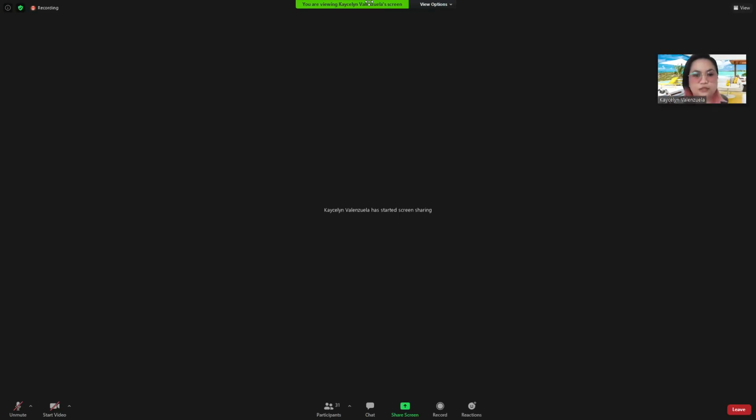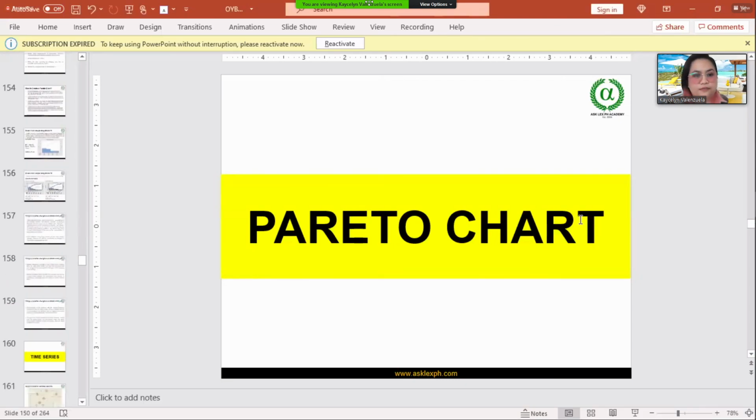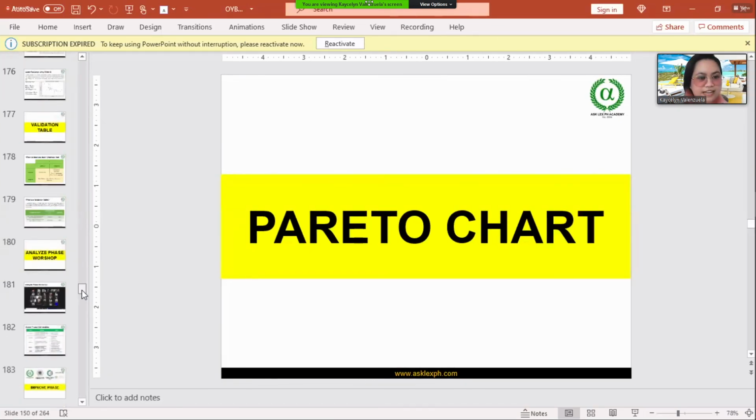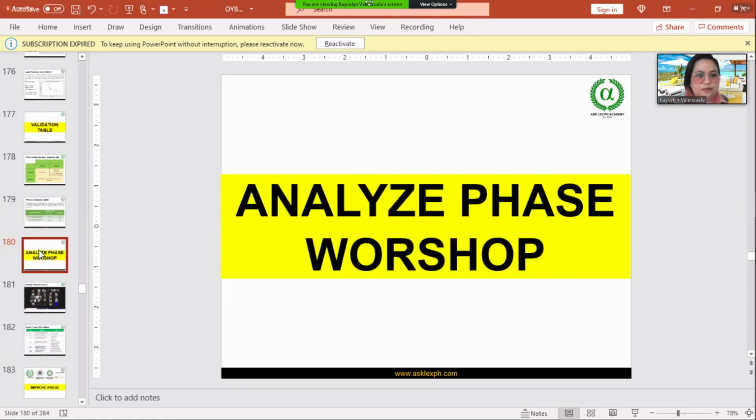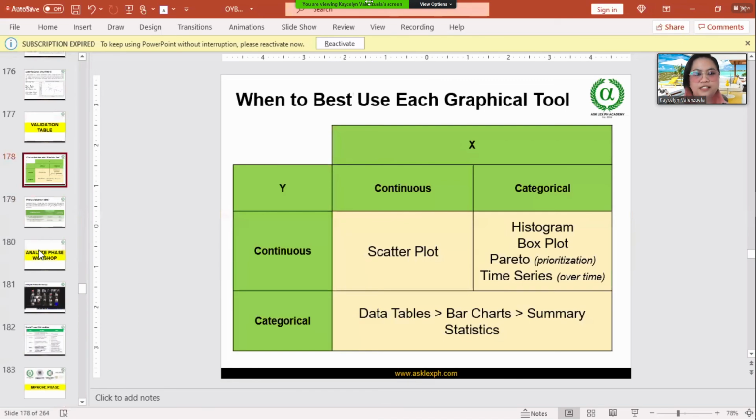Okay. So, done na tayo with our analyze phase. So, in your workshop, kailangan nyo na validation table. Ayan. We've also shared with you dun sa ating e-learning, yan, when best to use our graphical tool.